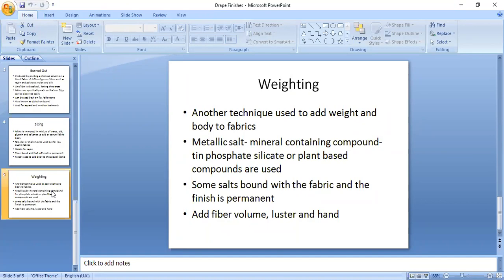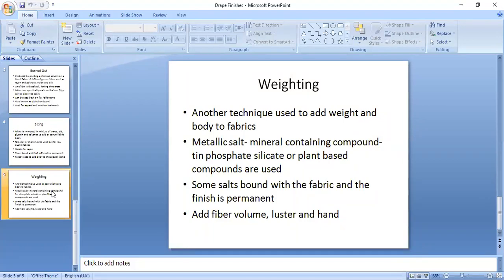Plant and metallic salts add volume, luster, and hand. Three characteristics: volume, that means weight, luster, shine, and hand, the crispness.